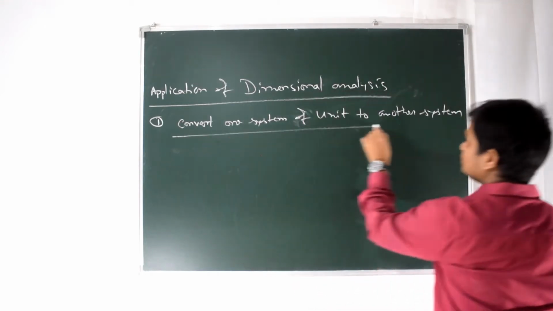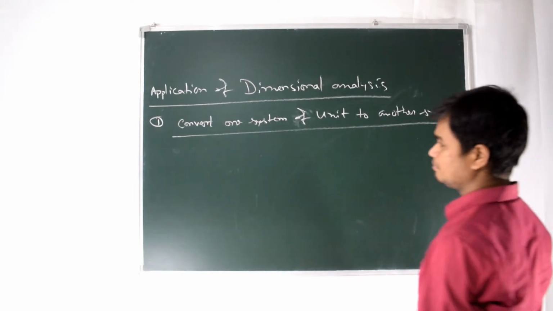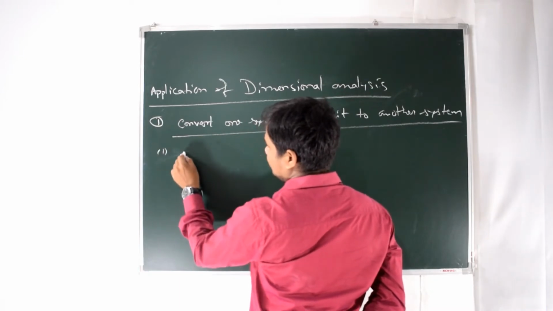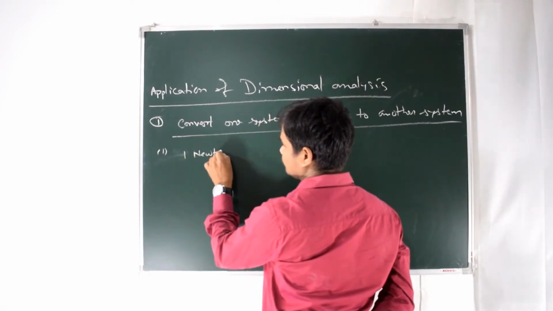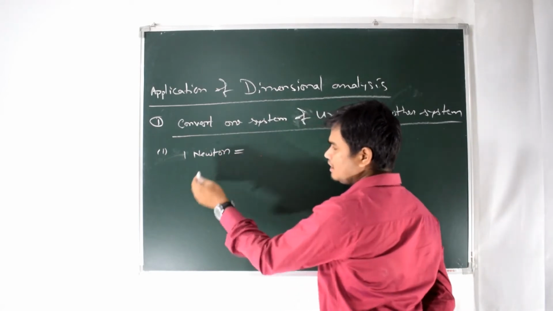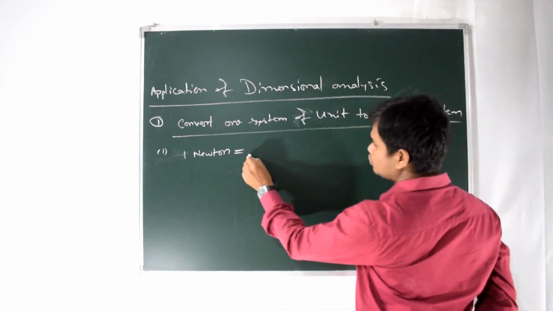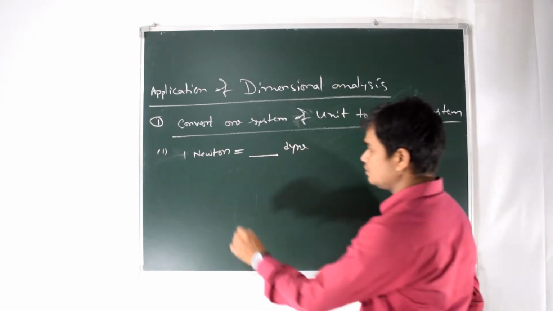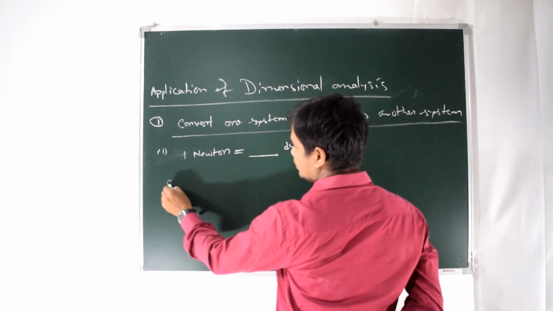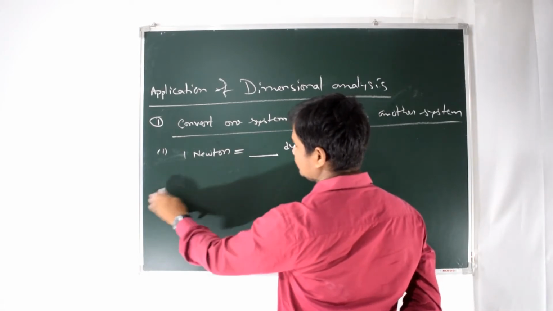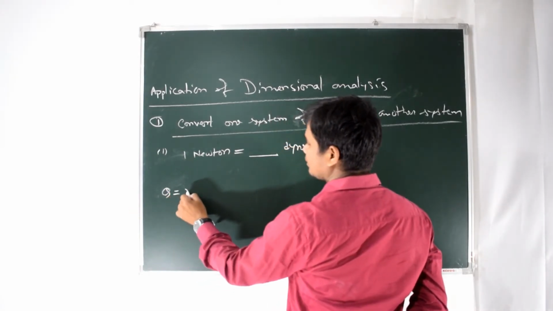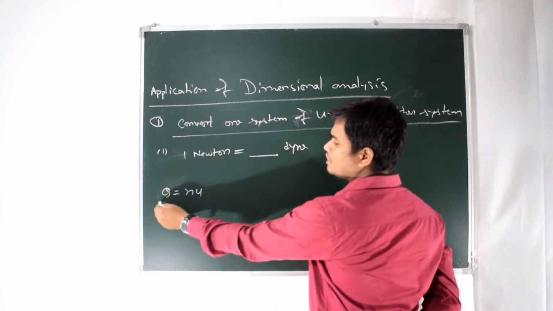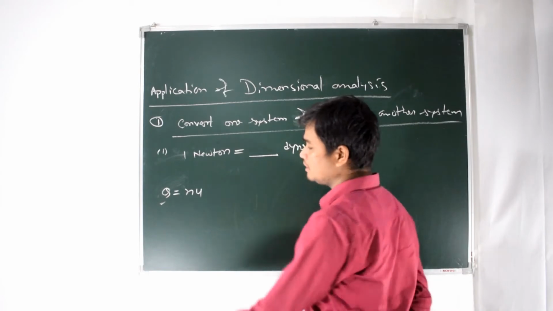We can convert one system of unit to another system. For example, I am asking a question: you have to convert 1 Newton to another unit. Here Q is the physical quantity, that is force.